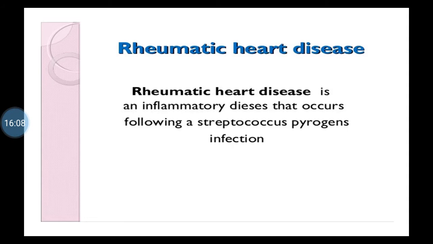Then the third one is rheumatic heart disease. Now this is a little bit different heart disease, and in our India individuals who are 20 years of age also can suffer from this disease.